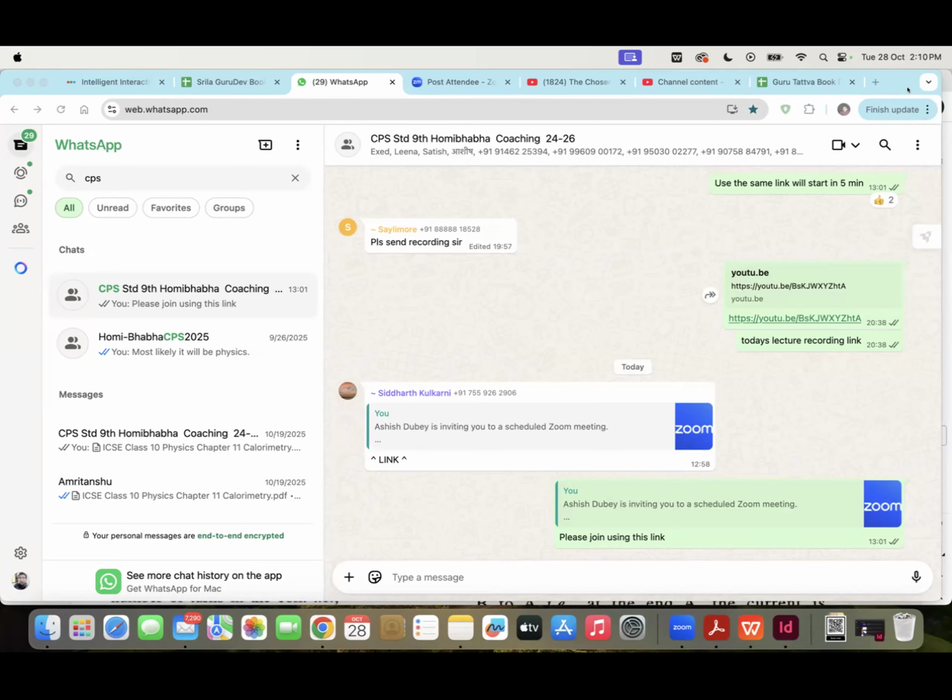Curdling of milk, then boiling of egg, coagulation of egg white on boiling, right? So these are the examples. So this is the end of this topic. Is there any doubt?